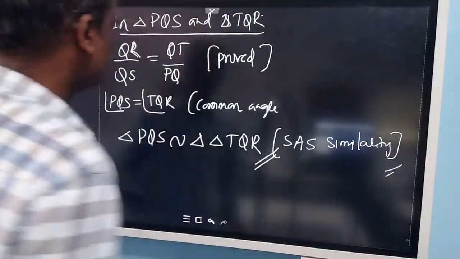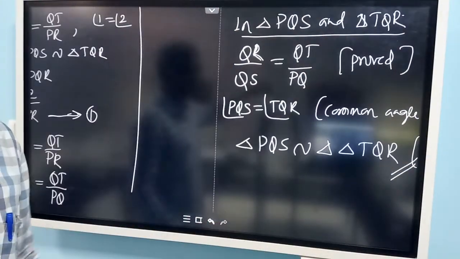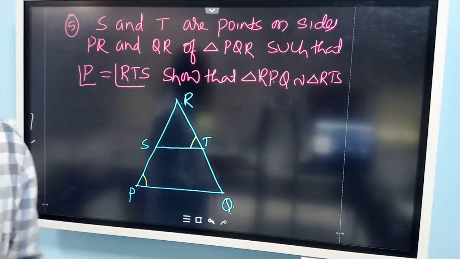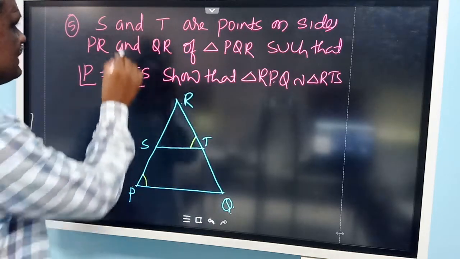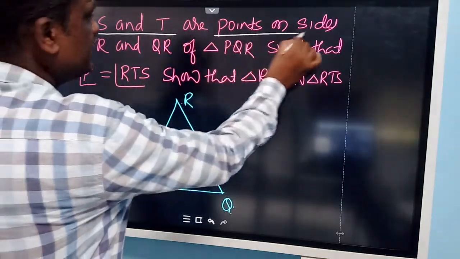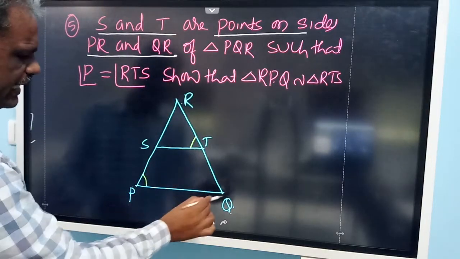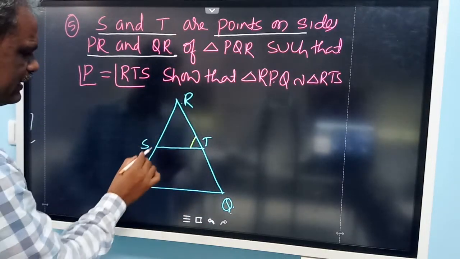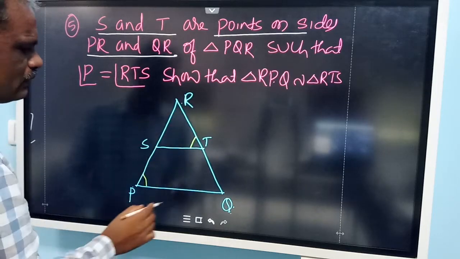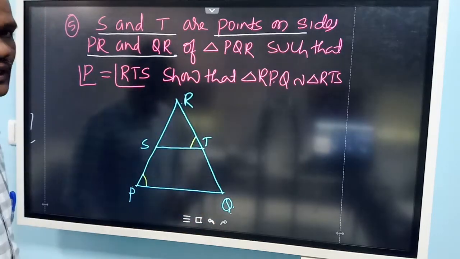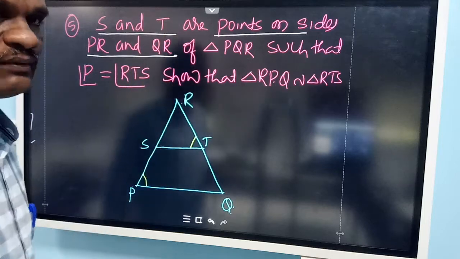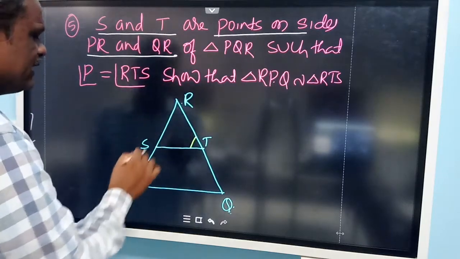Is it clear? Did you understand this or not? Now if you look at the next question, S and T are points on the sides PR and QR. Diagram is not given, so we have to draw the diagram.